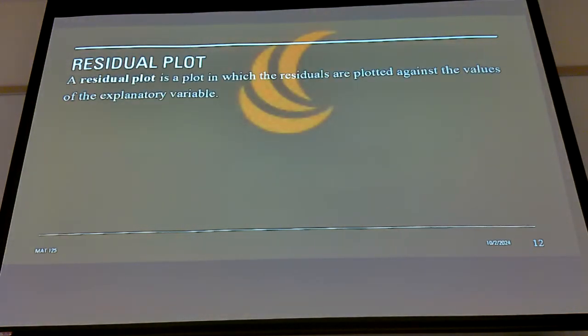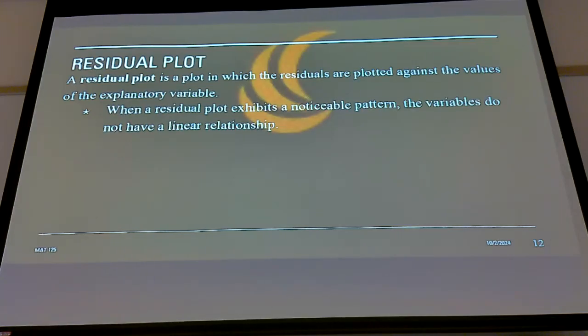The residual plot, well, big surprise. It's a scatter plot of the residuals. The residuals are plotted against the values of the explanatory variable. When the residual exhibits a noticeable pattern, there is no linear relationship. Meaning, do not use the least squares line.